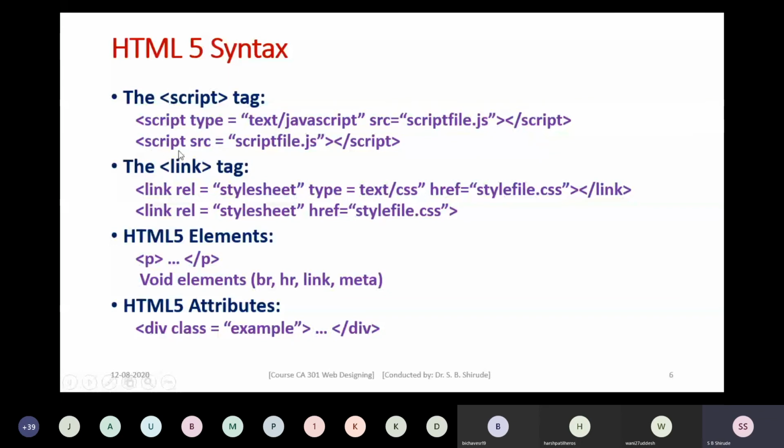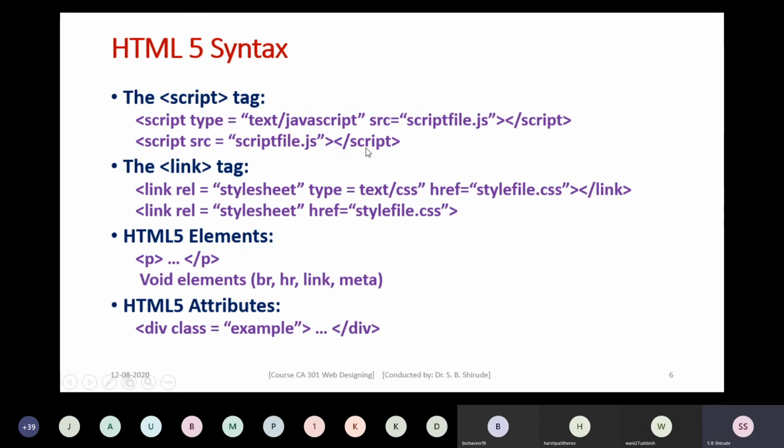You can ignore the type attribute. It will be implicitly understood that as it is a JavaScript file, the type should be text/javascript. No explicit specification of the type attribute is needed. So it is script src equal to script file.js, and just simply close the script.